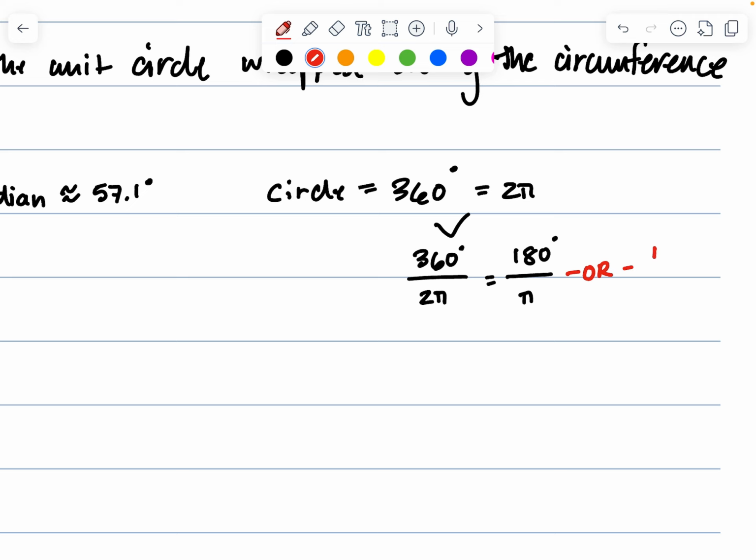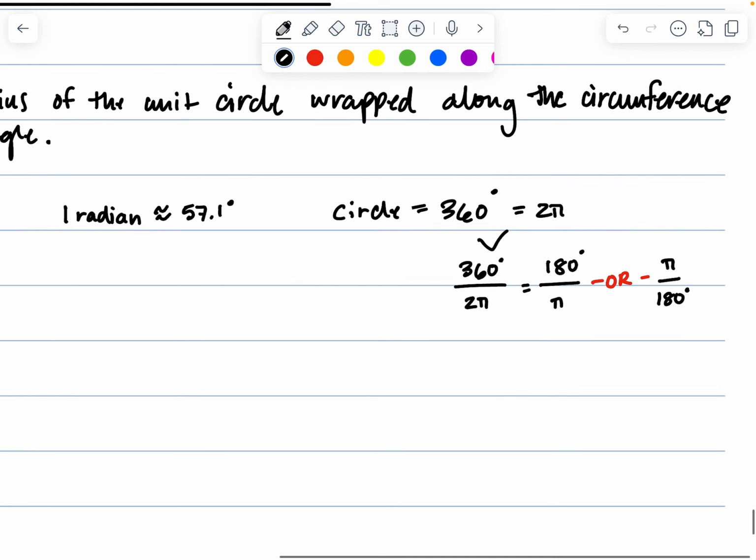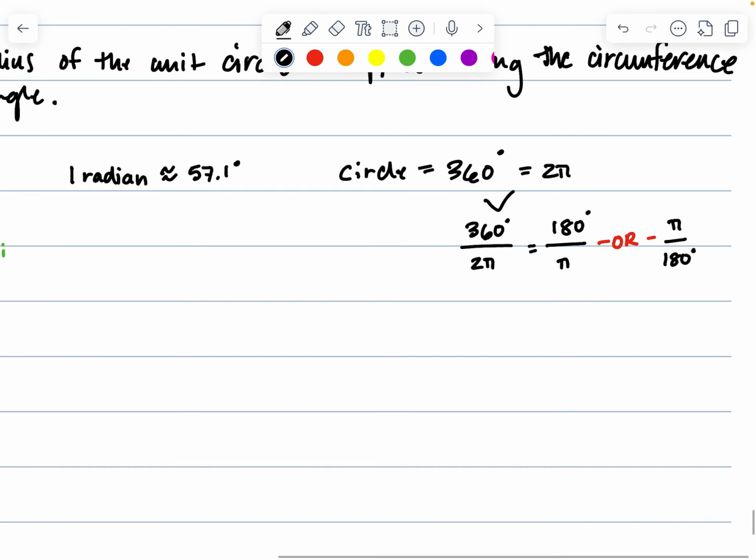It's like saying every cookie recipe, for every cup of butter, it's 2 cups of chocolate chips, or 2 cups of chocolate chips per 1 cup of butter. Same thing. So you could say or pi over 180 degrees. Doesn't quite matter which one you do, but this is the ratio we need.